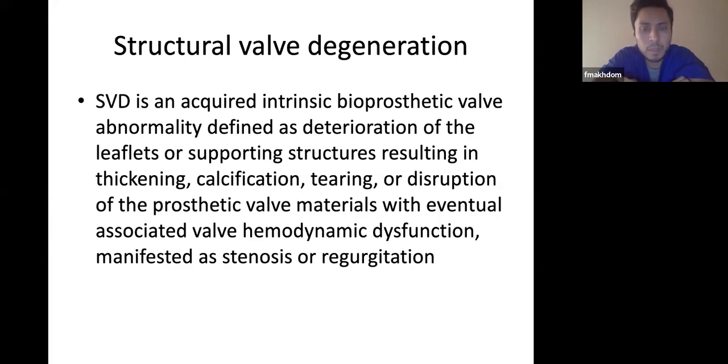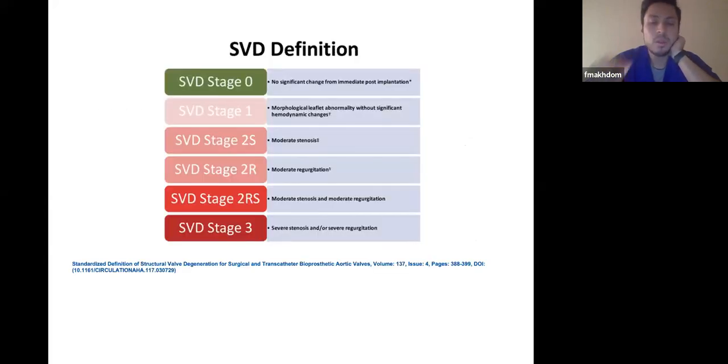It can present as aortic regurgitation or stenosis or combined, right? It can be due to thickening, retraction, or disruption of the leaflet, and it is mainly diagnosed with echocardiogram. So those definitions are now more common in the literature.